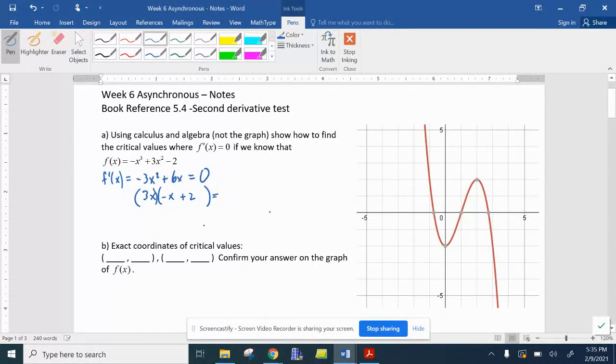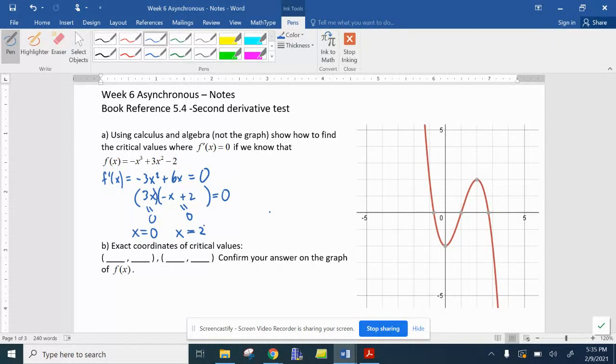So here now I have my two factors, and I can apply my zero product property by setting 3x equal to 0, which would just give me x equals 0 as a solution. And then minus x plus 2 equal to 0, which is going to give me x equals positive 2 for my other critical point.